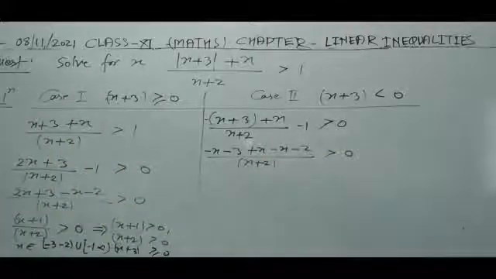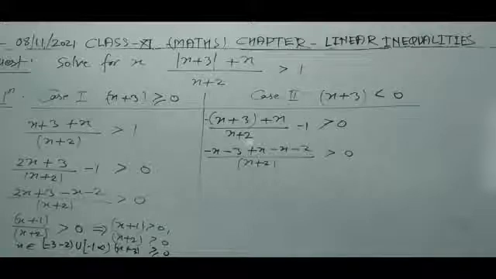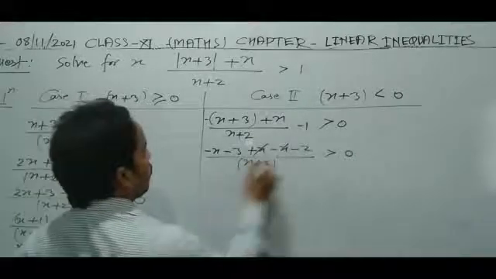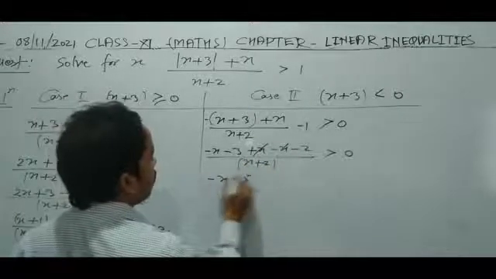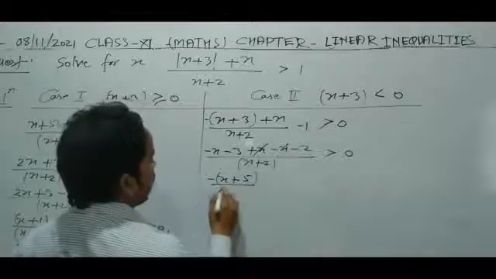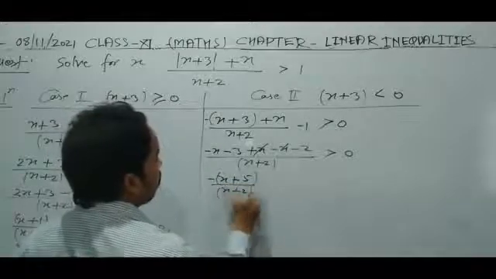Now what will be the calculation? Taking the second case, x minus x cancels out, so we get (-5) upon (x + 2) greater than 0.